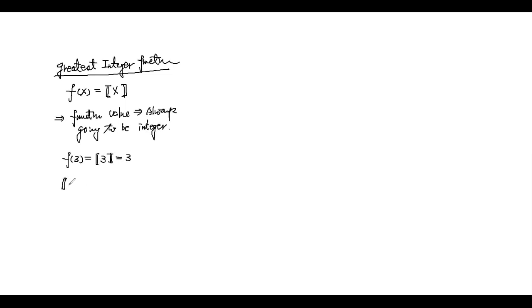How about if I have -2 in this function? Because this is an integer, it will be -2. So whenever it is a whole number, it comes out as the integer itself.